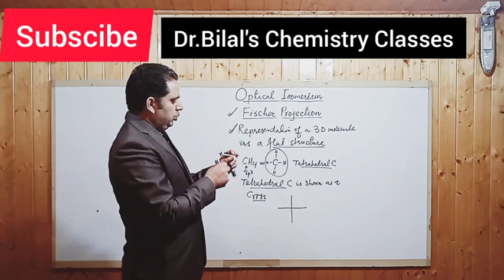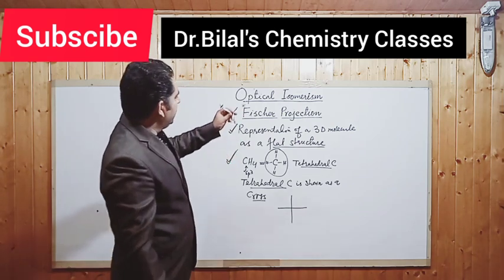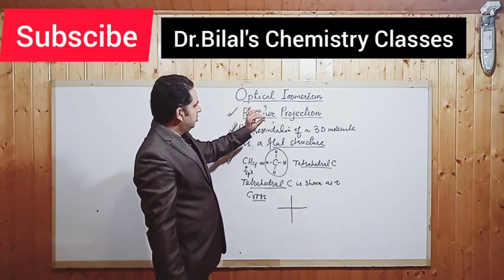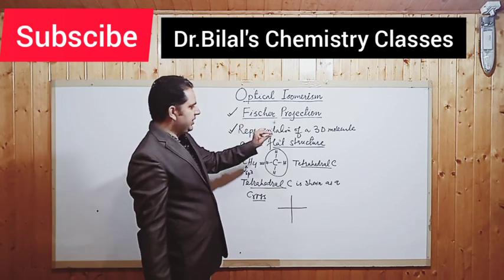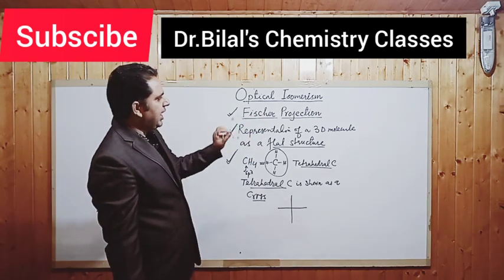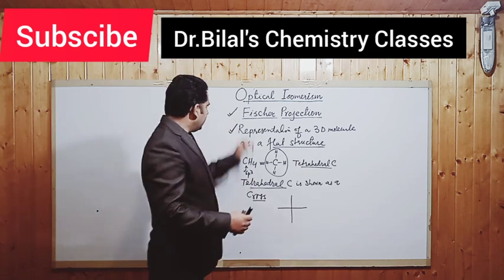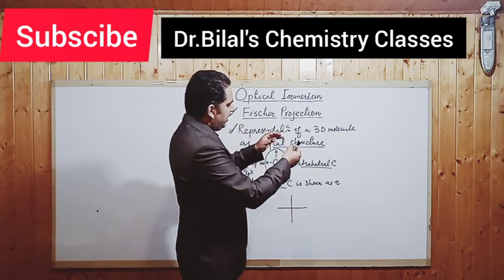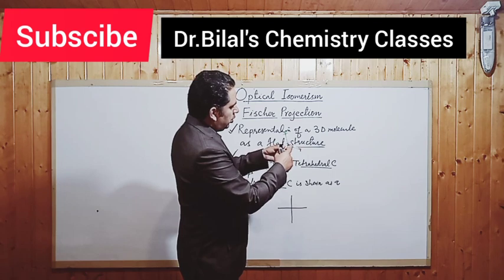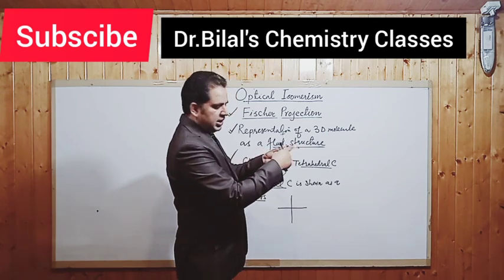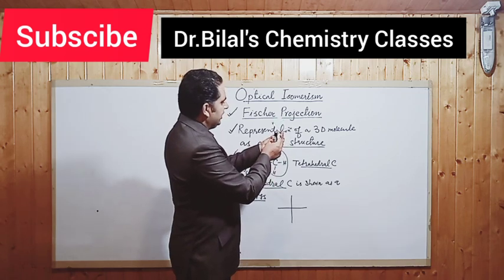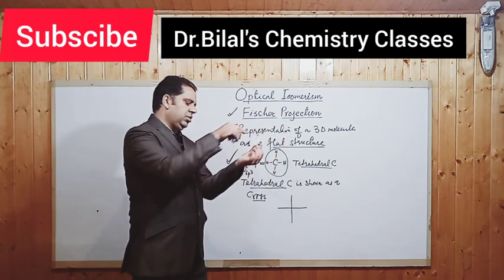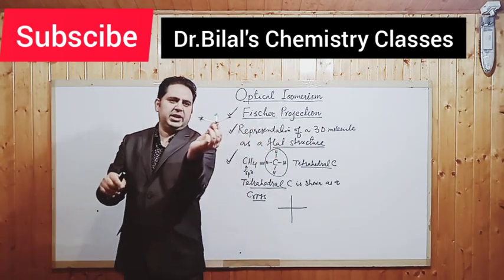Firstly, see, this is the molecule. I cannot draw it simply on this. So what I will do in the Fischer projection, I will keep these two bonds, for example, and I will hold it like this.